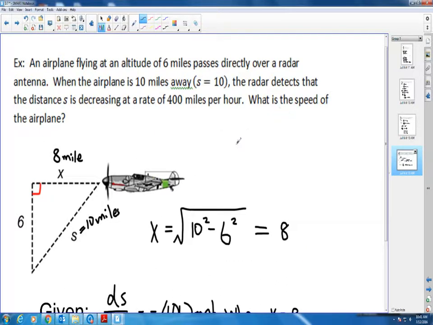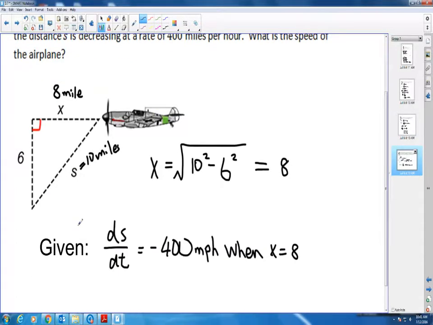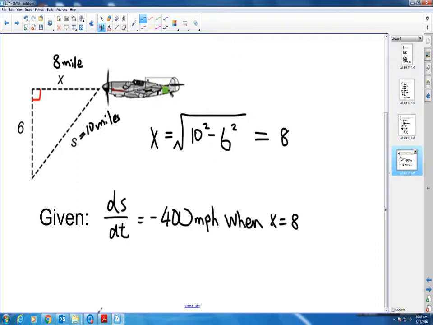Alright, what is the speed of the airplane? The speed of the airplane has to be going this way. What I need to find, because the airplane is not going diagonal, the airplane is going in the x direction. So my speed has to be the ds over dt.